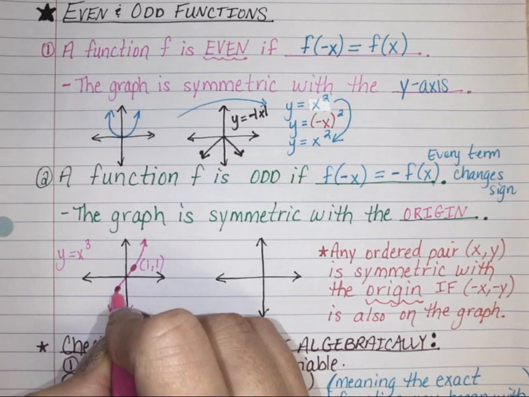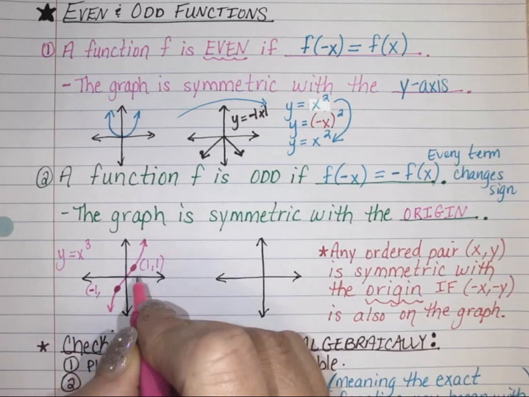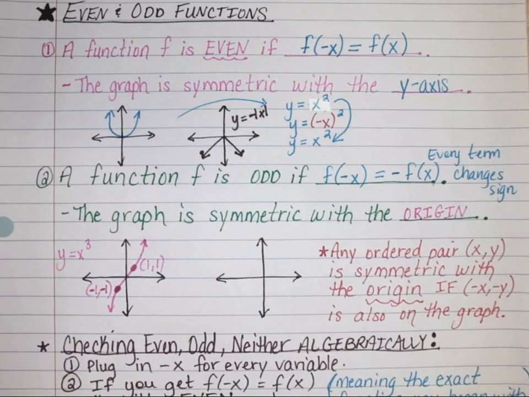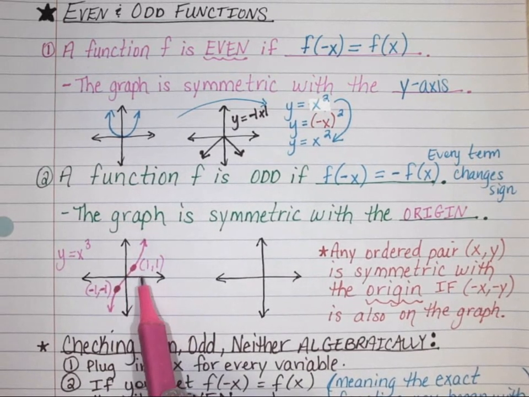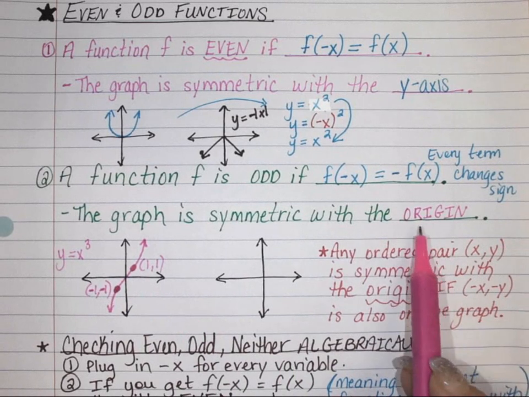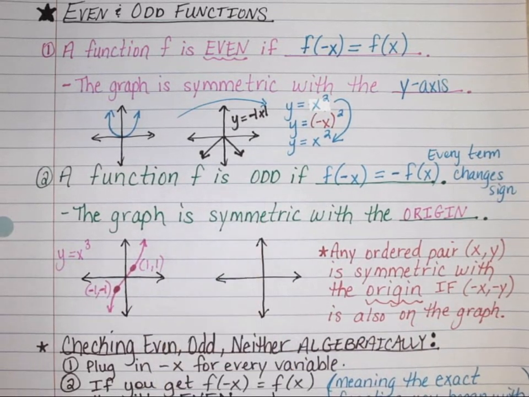Meaning the opposite of 1, -1, the opposite of 1, also -1. That point is also on this graph.